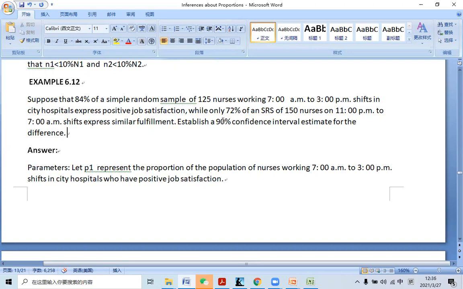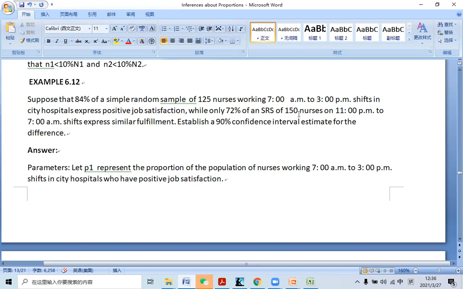Here, we are concerned with the difference between the two proportions of satisfied workers. And the two proportions, well, we know from the samples. For one sample, we have 125 people. That's for the day shift.